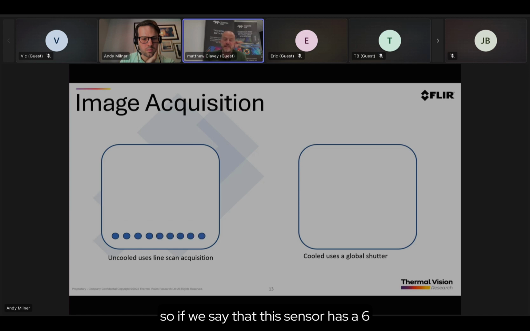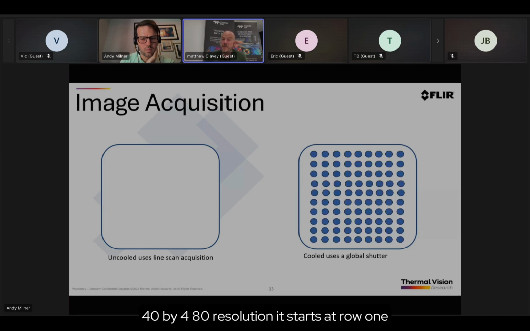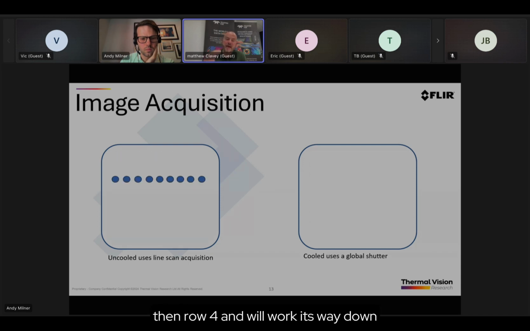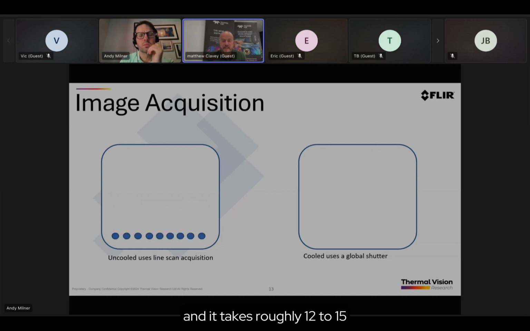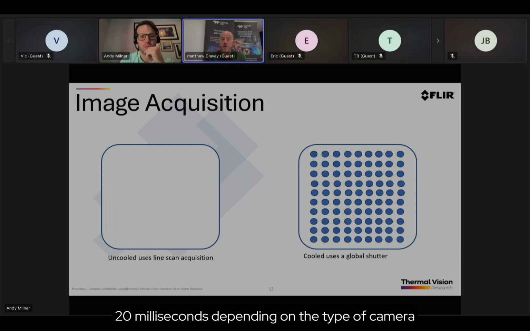If we say that this sensor has a 640 by 480 resolution, it starts at row 1, then row 2, then row 3, then row 4, and will work its way down. And it takes roughly 12 to 15, 20 milliseconds, depending on the type of camera. And that goes on forever. And you can't change it, and it's rolling round and round.